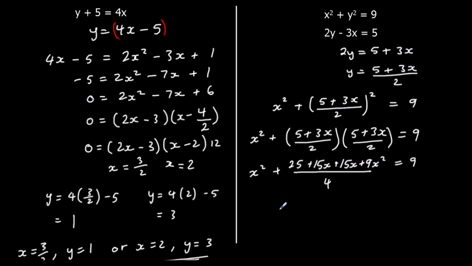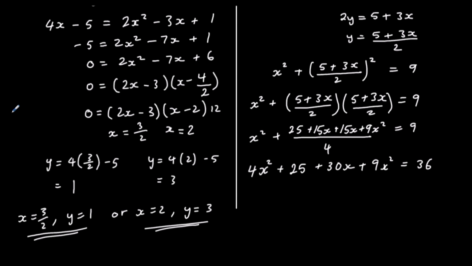So we can get rid of this fraction. We've got over 4, divided by 4 at the moment, so we multiply every term by 4. So if we times everything in the equation by 4, we'll have 4x squared. Timesing by 4 will get rid of the divide by 4 from this fraction. So we'll have 25 plus 30x plus 9x squared. And 9 4s are 36.